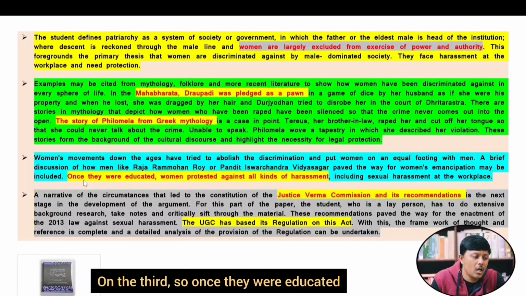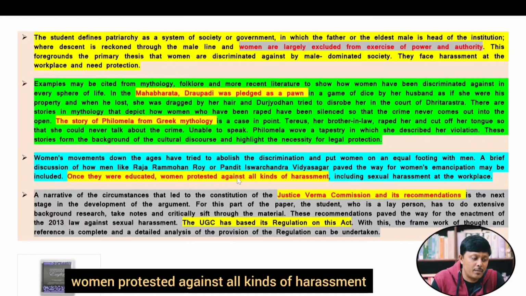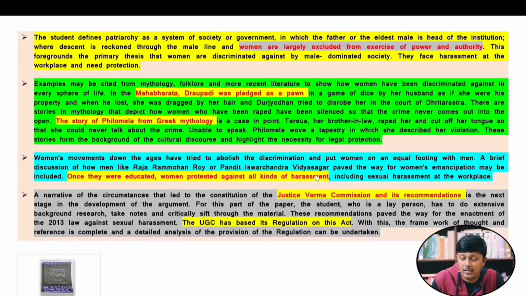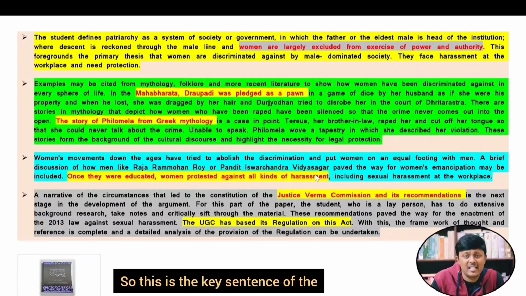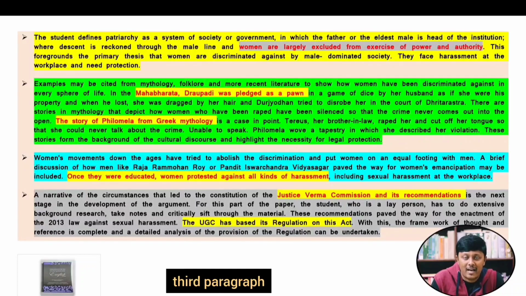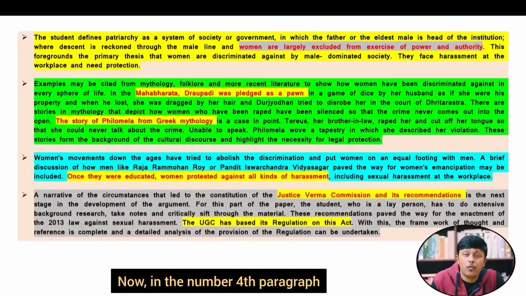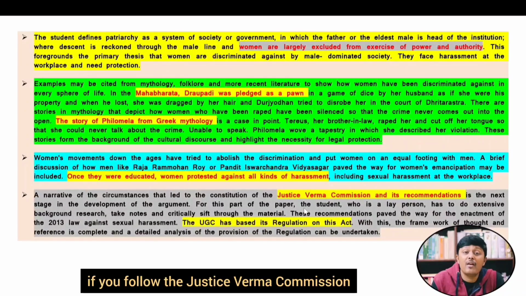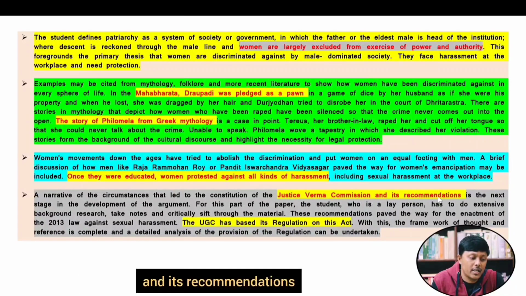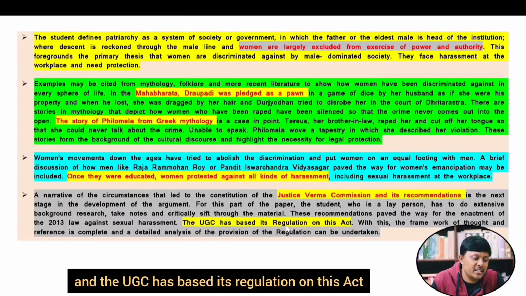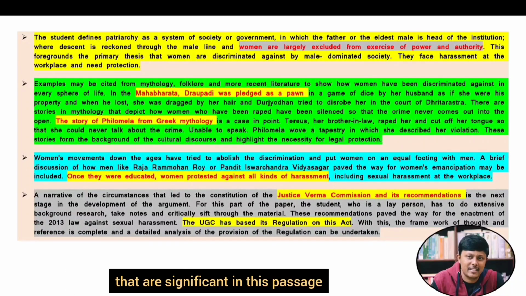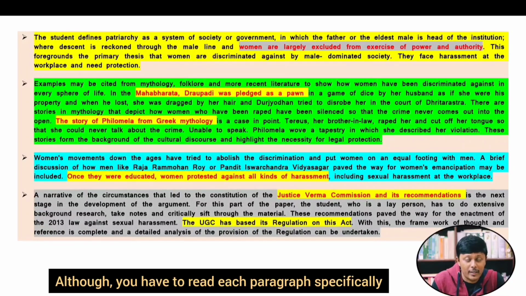In the third, once they were educated, women protested against all kinds of harassment. So this is the key sentence of the third paragraph. Now, in the fourth paragraph, you follow the Justice Verma Commission and its recommendations, and the UGC has based its regulation on this act. These are the factors that are significant in this passage. Although you have to read each paragraph specifically.